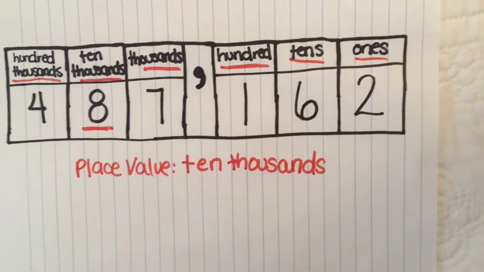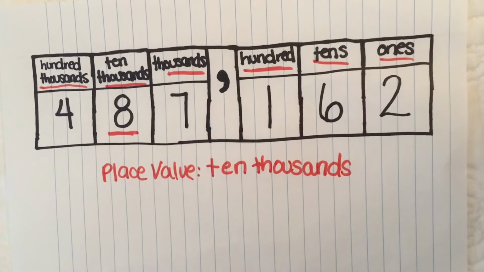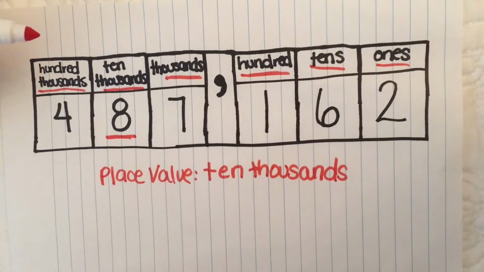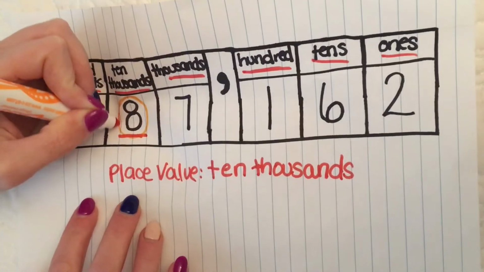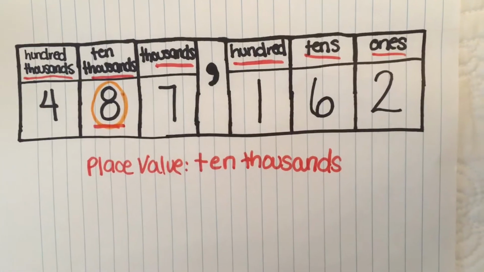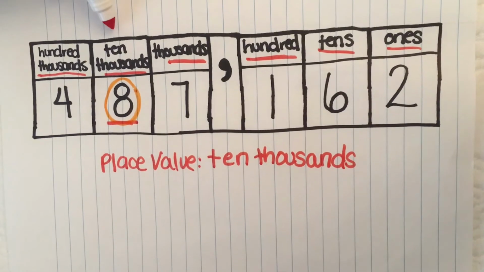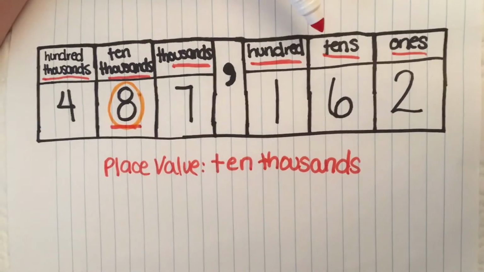Now, if we look at a digit value, I'm going to use the orange for that. Now I'm looking at the digit 8, and I want to know the digit value of this 8. So I would look and say, okay, this is in the 10,000s. Just like if the 8 was over here in the tens, we would call it 80.